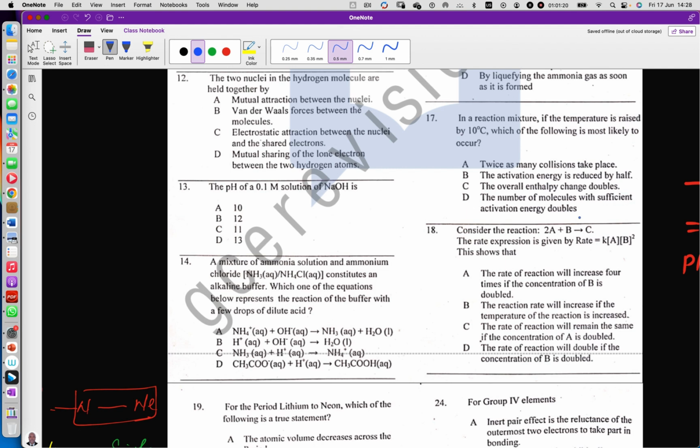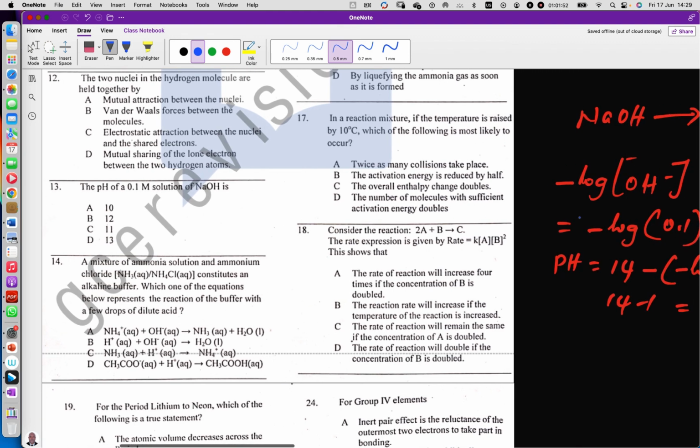Collisions will increase, and therefore there will be an increase in the rate of reaction. So if we judge all this, the number of molecules with sufficient activation energy will double. D will be our answer.